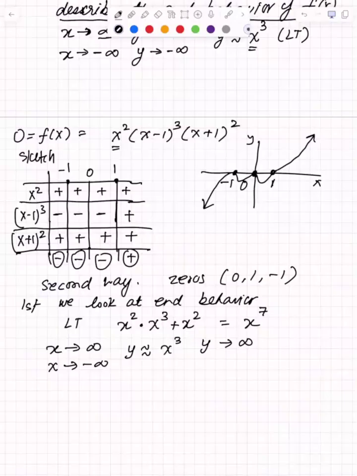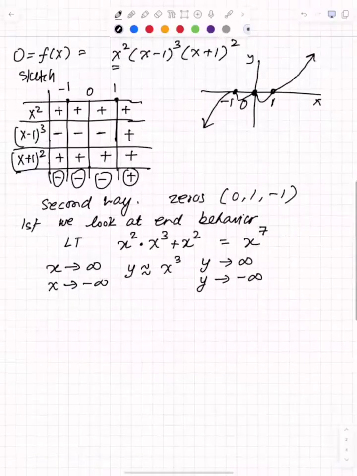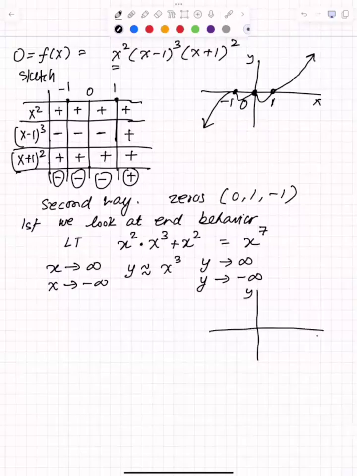And if x is going to negative infinity, a negative number to the seventh is negative. So y is headed to negative infinity. So we could have done this on the graph. We can put the zeros 0, 1, and negative 1. To the right, we're going to positive infinity, and on the left, we're going to negative infinity. That's all I marked off.